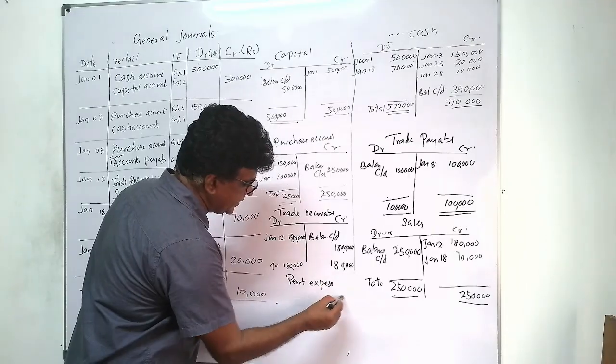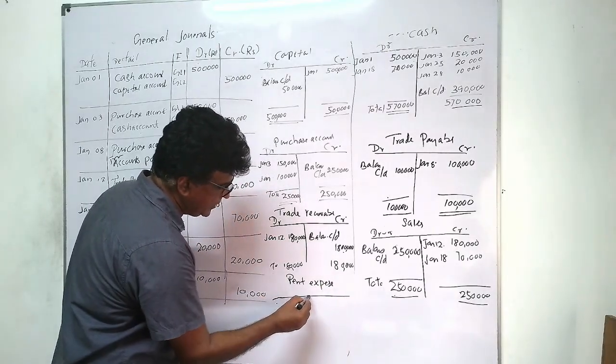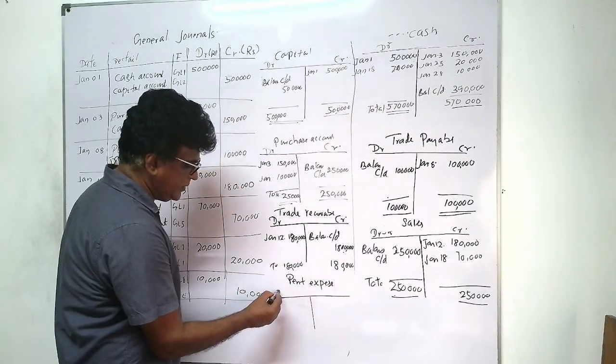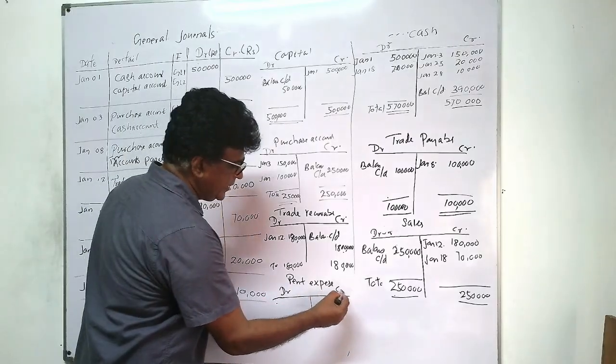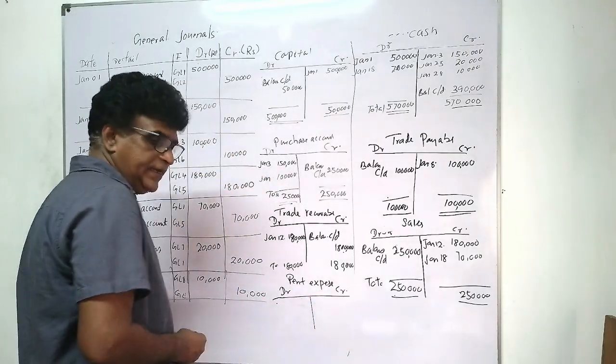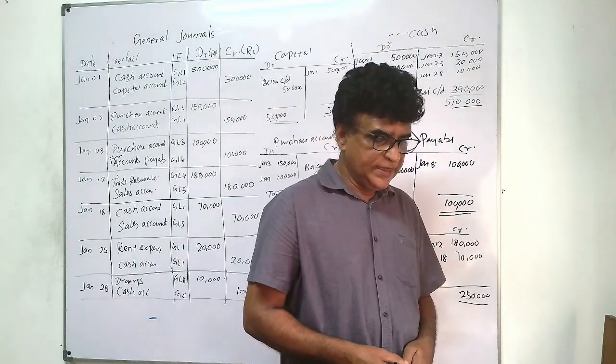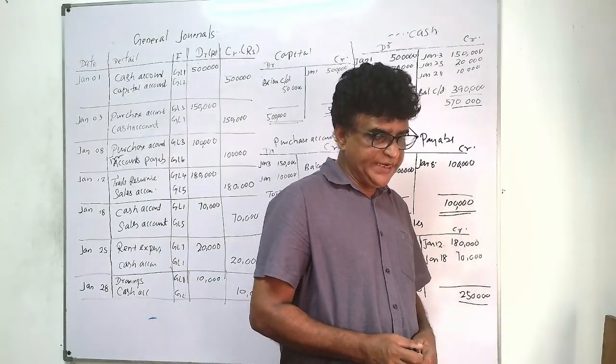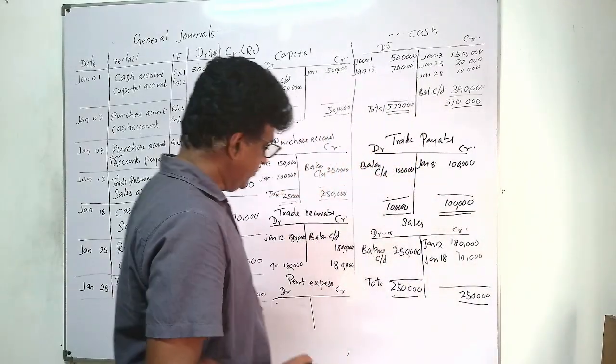Rent expense account, debit side, credit side. In rent expense, we have a debit entry, January 25th.